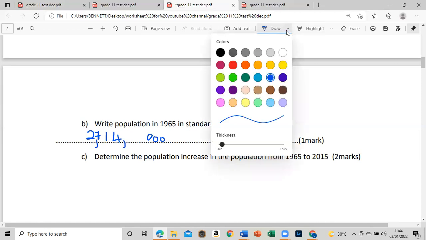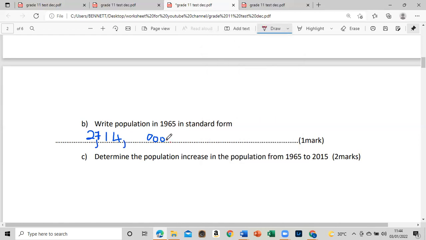The decimal point, for every whole number or natural number, would be right here. So what we need to do is get it right here. So we're gonna count the number of spaces. So it's 1, 2, 3, 4, 5, 6.